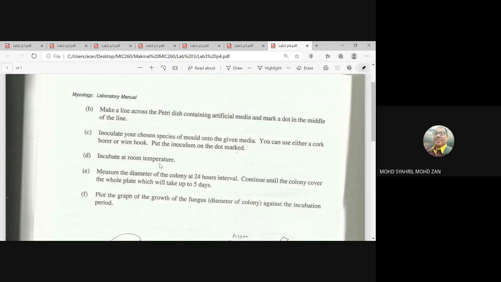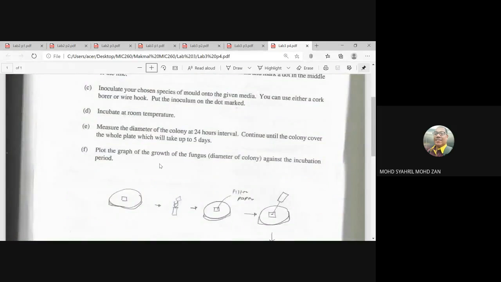Incubate at room temperature. Okay. Measure the diameter of the colony at 24 hour intervals. Continue until the colony covers the whole plate, which will take up to 5 days. Plot the graph of the growth of the fungi, which is the colony diameter, against the incubation period.